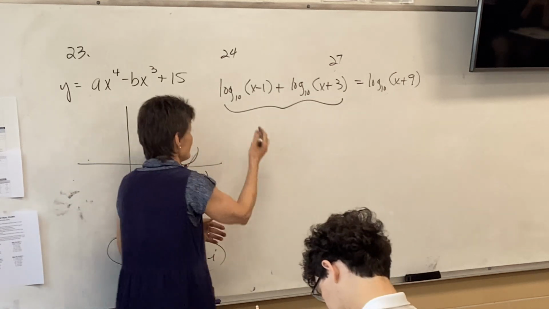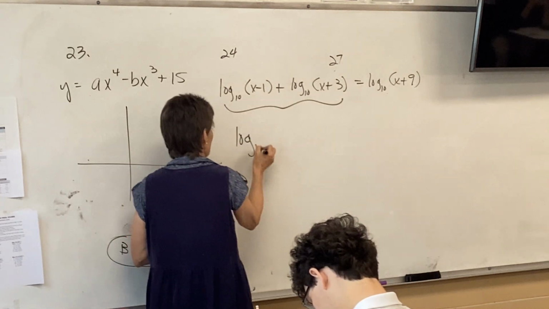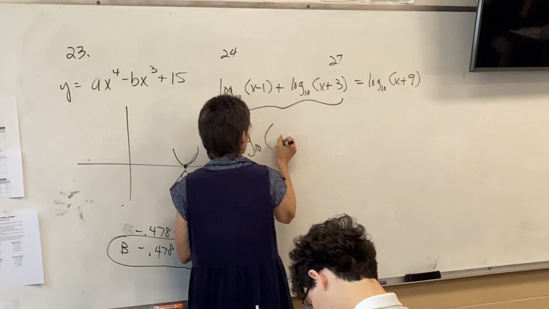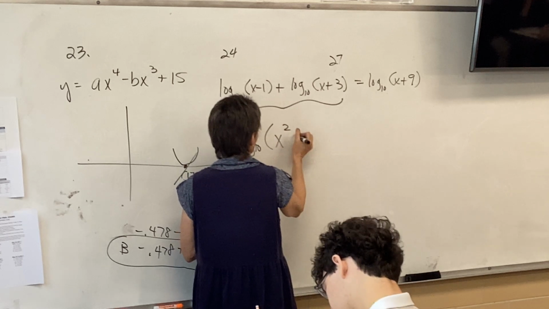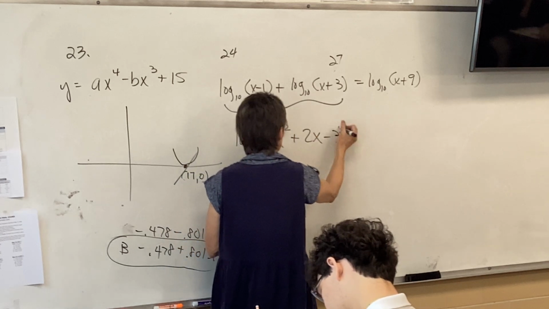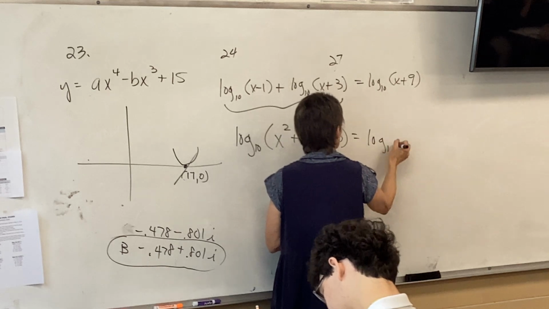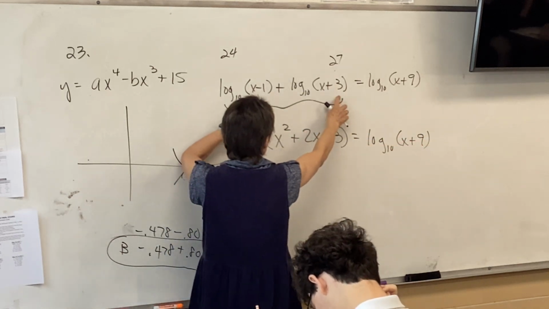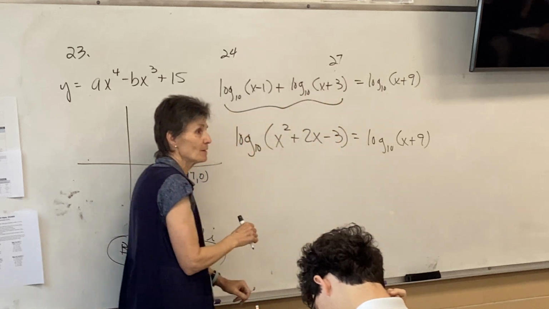So we're going to combine those two first. And how will I combine them? Well, it's going to be a multiplication. So it's going to be x squared plus 2x minus 3. Check my arithmetic. I don't want to mess that up. Is that the right FOIL? Plus 390. Yeah, I think that's good.